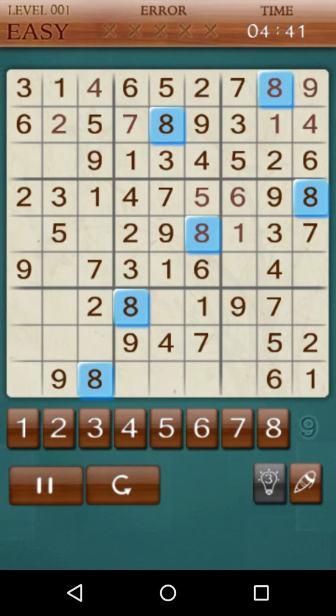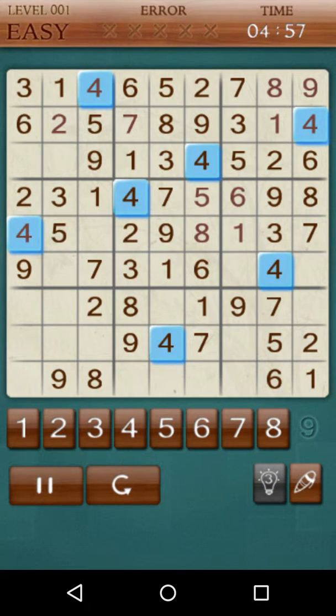And now considering the highlighted cells, I need to write 4 or 6, either of the two digits. But if I consider this column, above the highlighted cell I have 6 written. So I cannot write 6 in the highlighted cell, I can write only 4. Now 6 is the only unique digit, I can easily and blindly write 6.